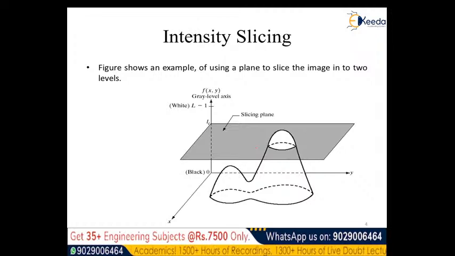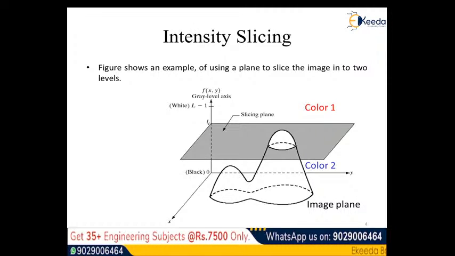If we have a shaded plane at a particular level marked on the vertical axis that is intersecting here, it will differentiate the image information into two levels, which are assigned two colors.